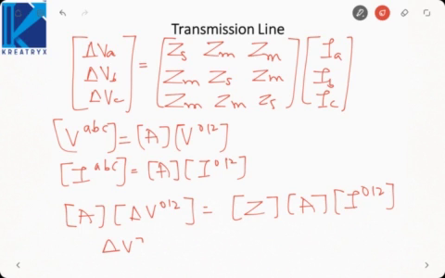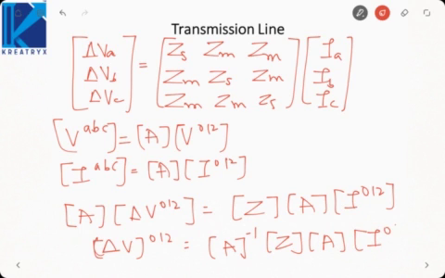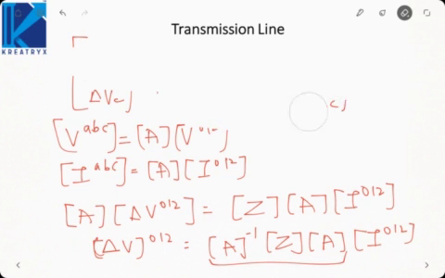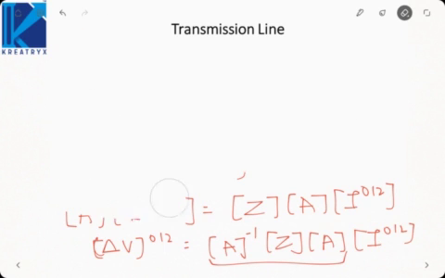That means delta V012 will be A inverse Z A I012. So this whole matrix will be the impedance matrix for the sequence components. So let us calculate this matrix. So first let us calculate Z multiplied by A.